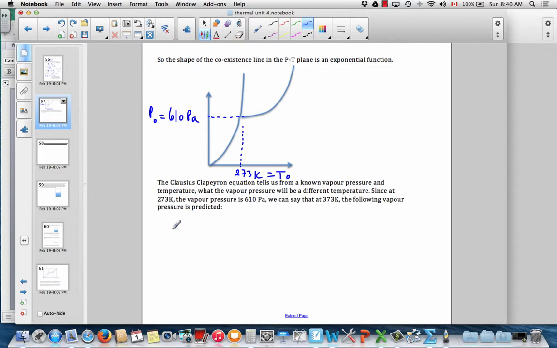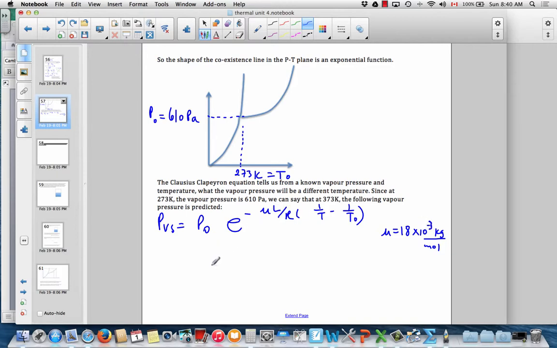So we can use the Clausius-Clapeyron equation. And we're going to substitute in here. Okay, so now mu is the molar mass in SI units. So mu, that's 18 grams per mole, or 18 times 10 to the minus 3 kilograms per mole.